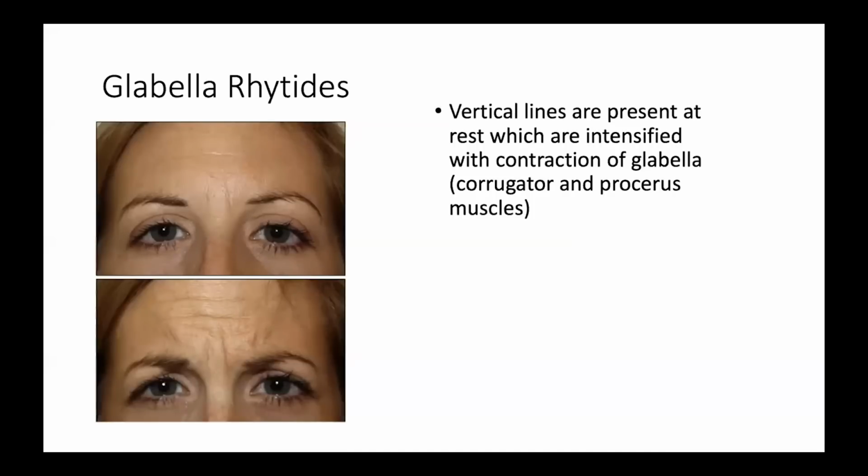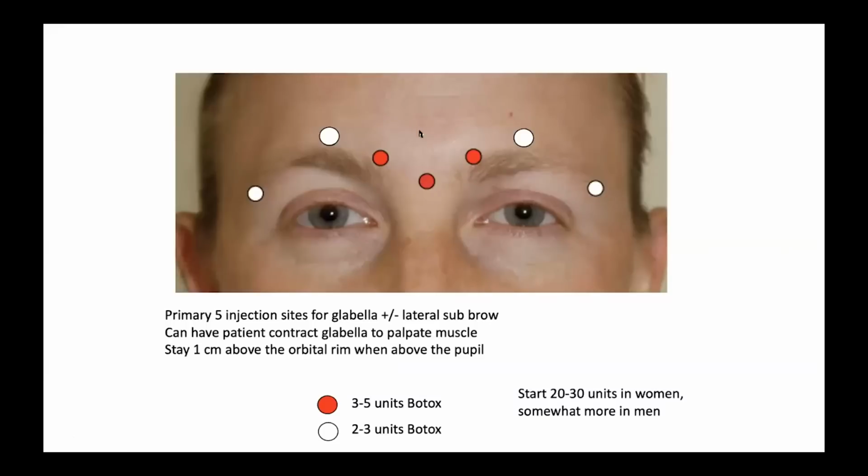We talked a little bit about glabellar rhytids. A lot of times we'll use a pattern where we'll treat the corrugator and the procerus here. We'll do a little less as we get to the tail of the corrugator because we don't want it to cause the eyelid to droop. And we'll put a little bit of Botox just in the orbicularis at the lateral portion of the brow, and this will raise the entire brow up.